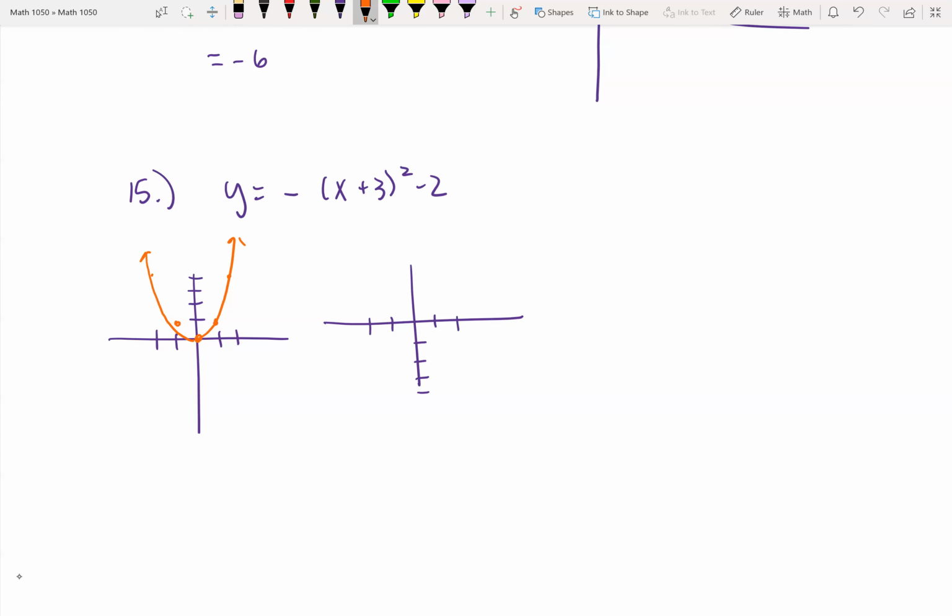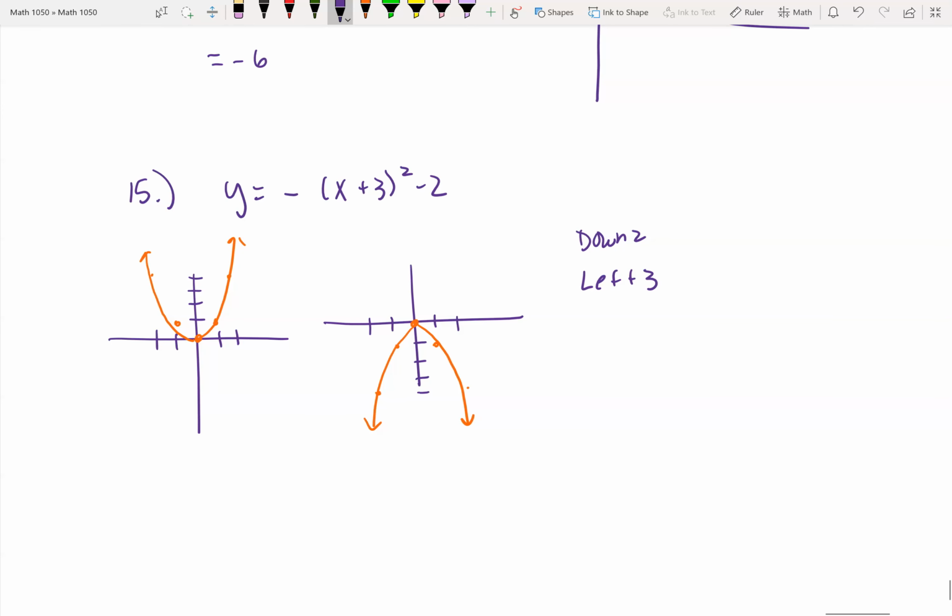So just because that's how they're going to want you to do it, I think. So right here, if you have a reflection, sorry. So that negative right there tells you to reflect across the x, not the y. So it looks like that. Okay? I don't have a stretch, so now I'm just going to do everything else, which would be down 2 and left 3. Okay?